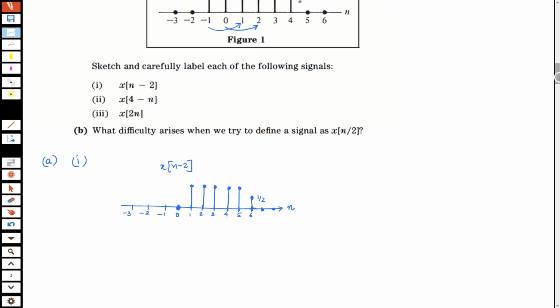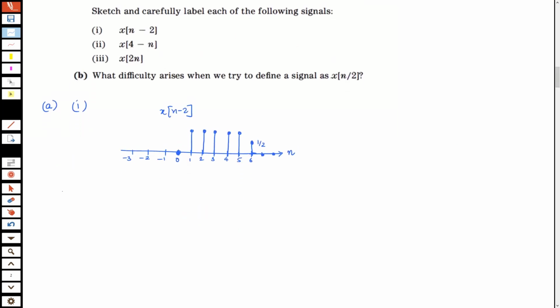Now the second part is x of 4 minus n. Now, this is where it's important that you keep in mind the precedence rule. If you remember, if any x(t), so right now I'm talking in terms of continuous domain, the same holds for discrete as well.